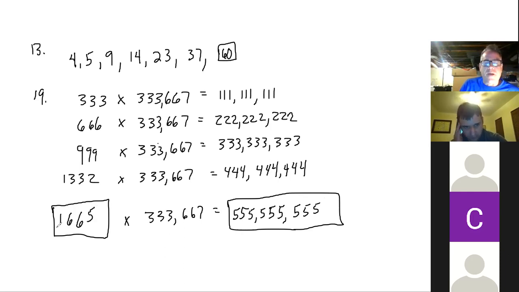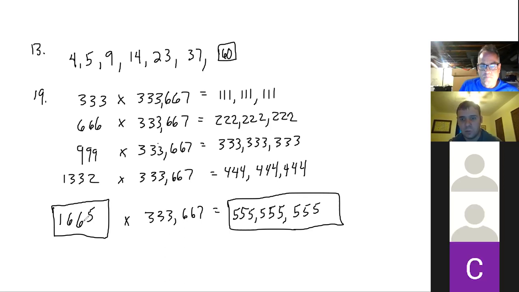And how did I arrive at 1665? Or how did you arrive at it? What are you adding each time? So how did you come up with this number? What was the pattern? You add 333. That's it. You keep adding 333.